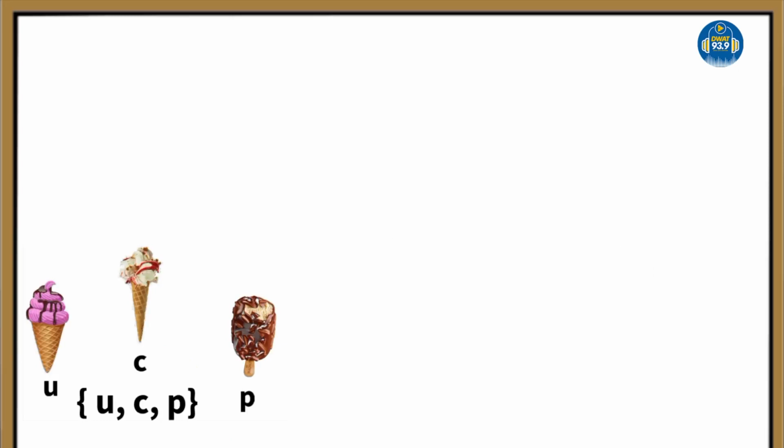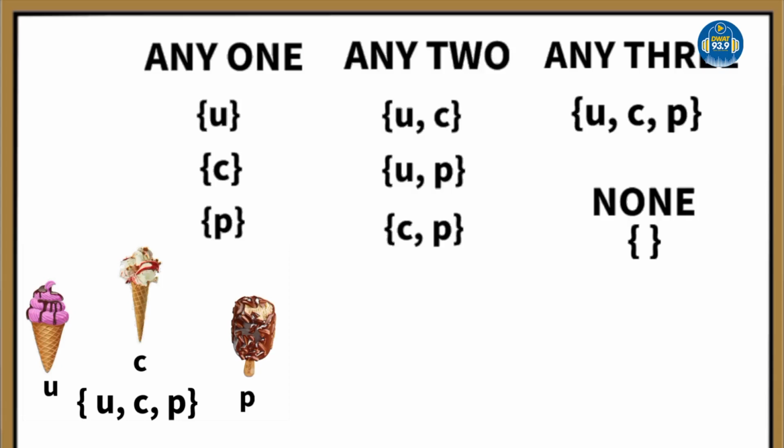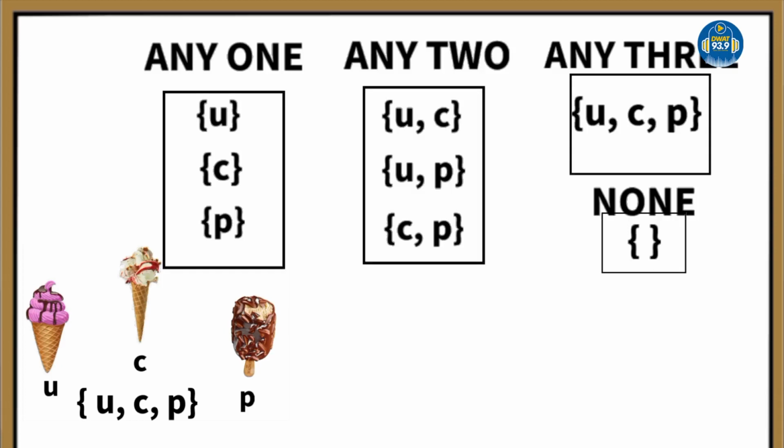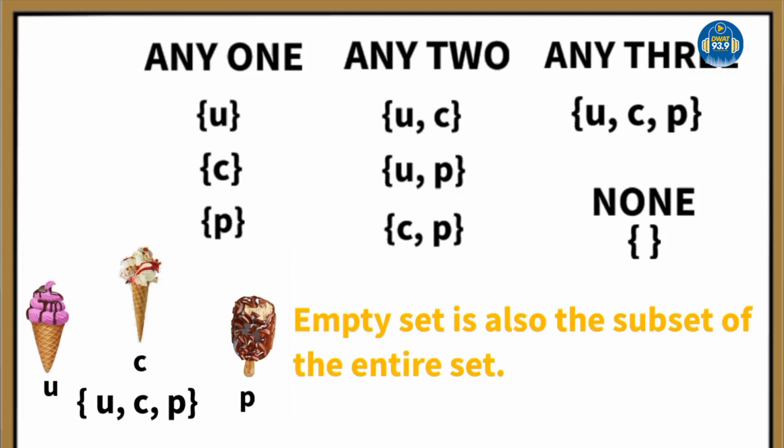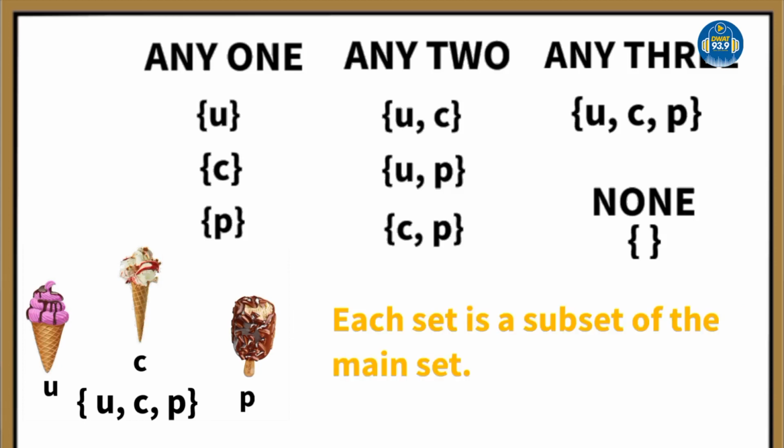This is the set of all kinds of ice cream we could choose from. The most important thing that we need to understand is that all the sets on the right of this main set, yes, each set from the right is a part of this set. An empty set is also a subset of the entire set. And in mathematics, we say that each set is a subset of the main set.